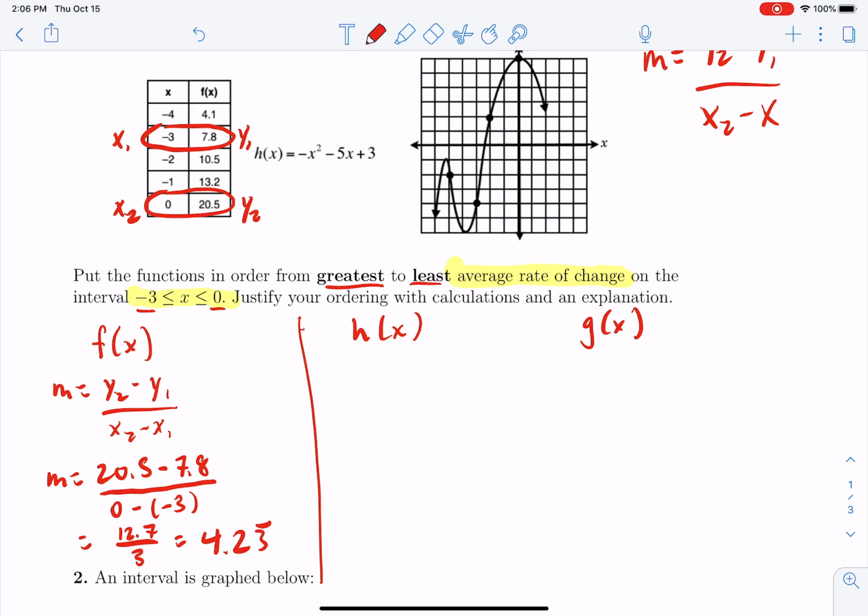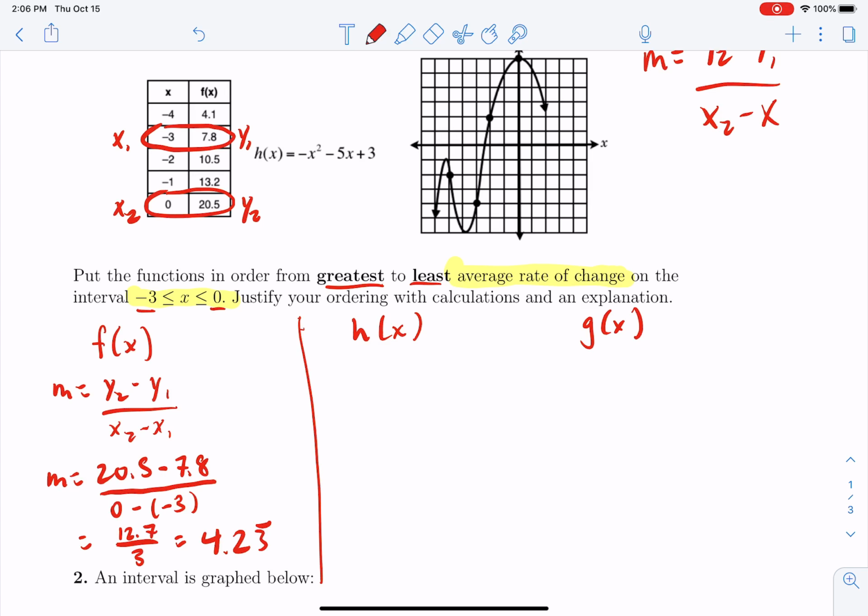All right, so g of x is my graph. I'm going from -3, there's -3 there, to 0. My rise, remember, is my vertical change. We're doing the same thing, average rate of change, y2 minus y1 over x2 minus x1, but because this is a graph, I can think of that as rise over run.